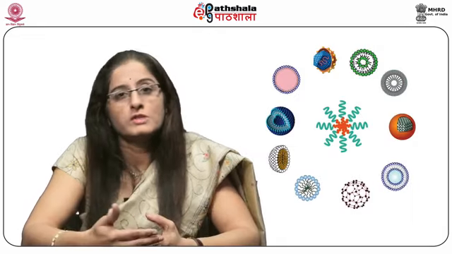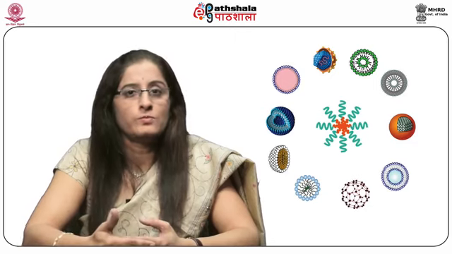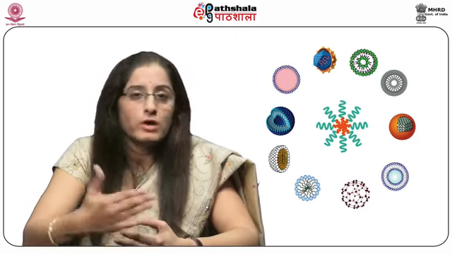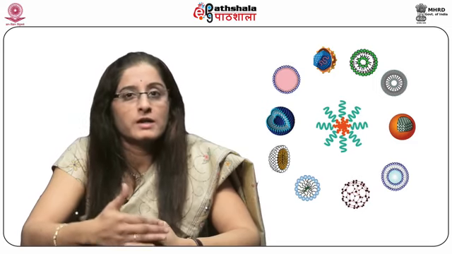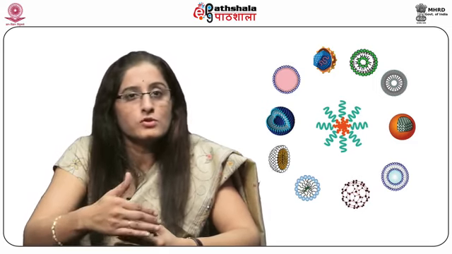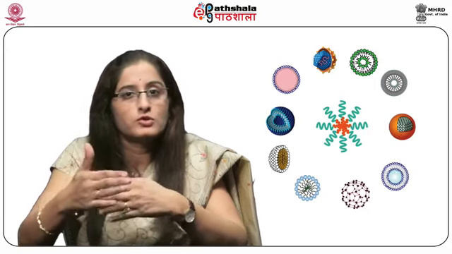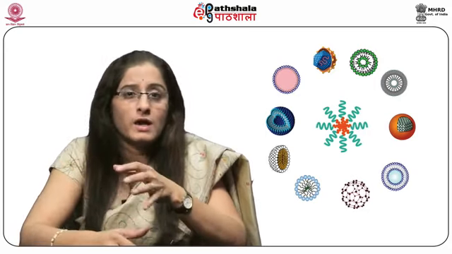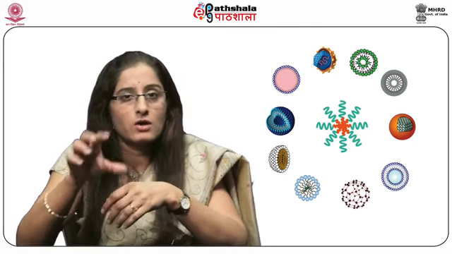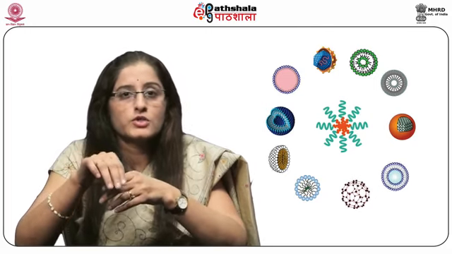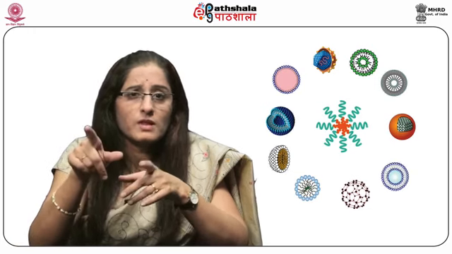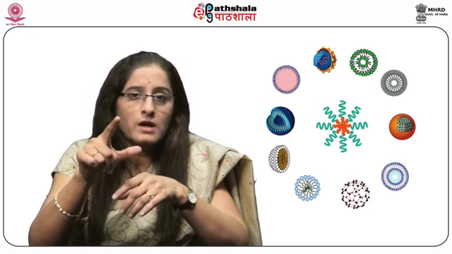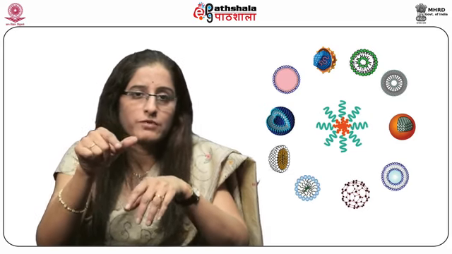Now, another important type of modified liposome is targeting liposomes. Liposomes can be modified to target a specific tissue or organ by attaching targeting ligands on their surface. As shown in figure 7, the conventional liposomes contain a particular ligand on their surface.